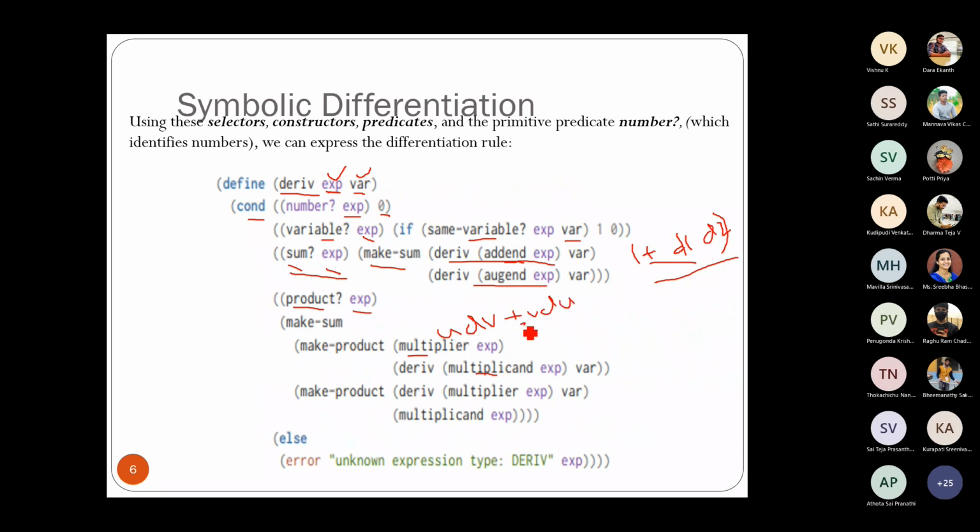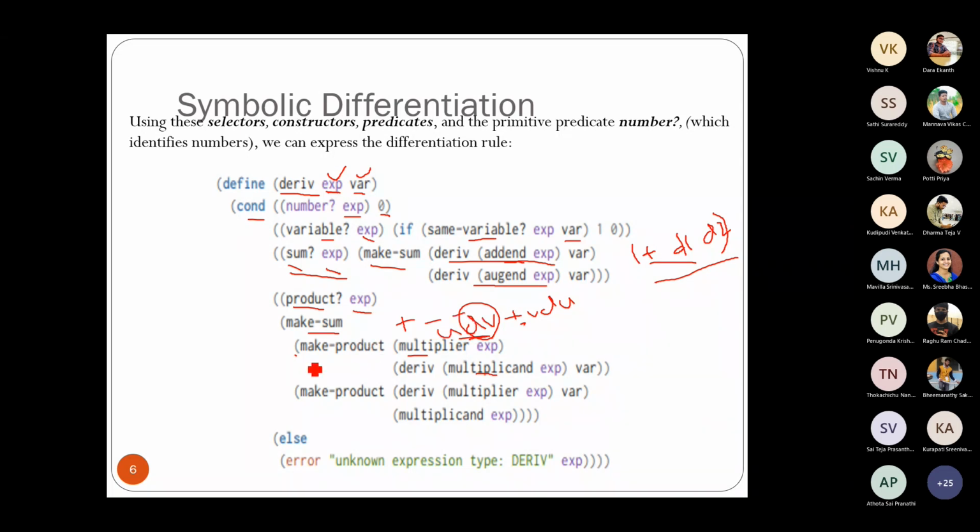So that is a sum part, and you have to make a product as well, and then you have to perform the derivation as well, differentiate as well. So that is why make sum. Make sum will be making a plus, and then two operands.